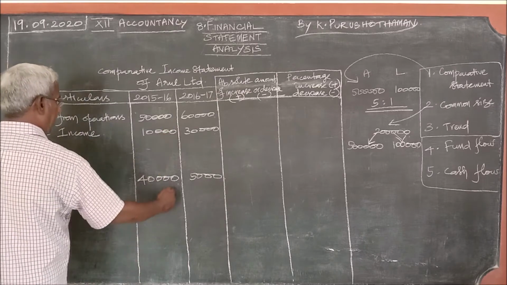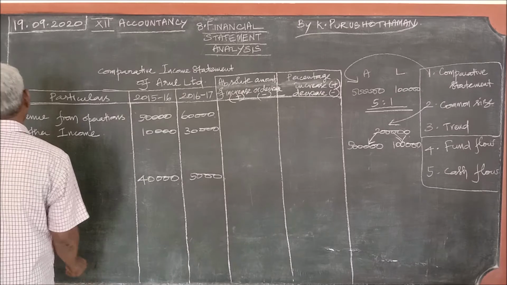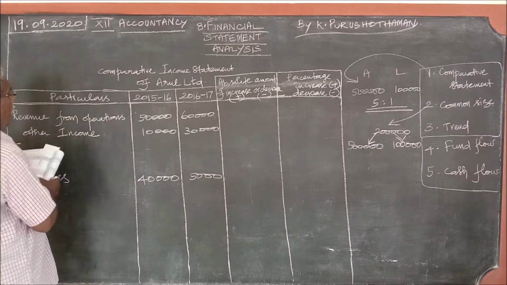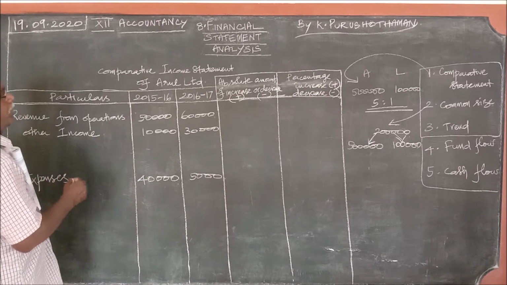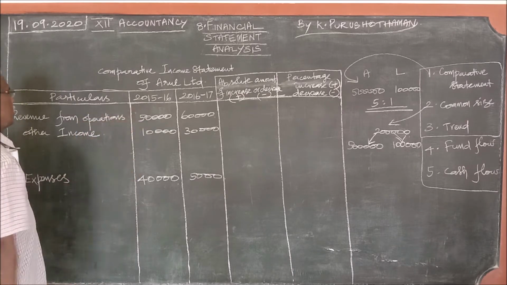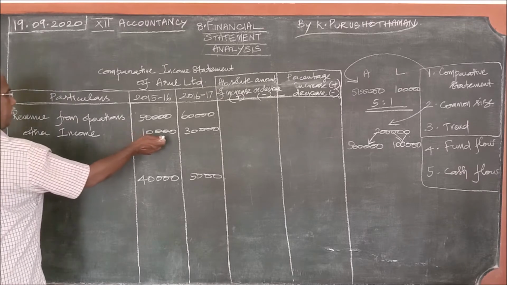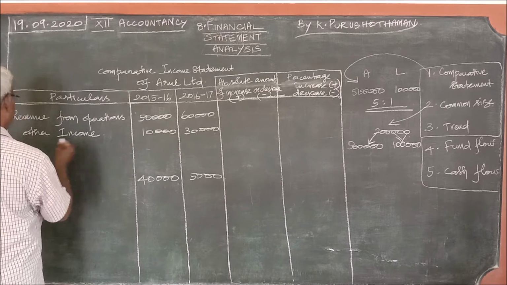From this, what should we do? We shall subtract the things first for these 2 columns, then we shall pass on to that. The actual revenue from operations, that is income from the business, 50,000, 60,000. From other source of income, it is 10,000, 30,000.